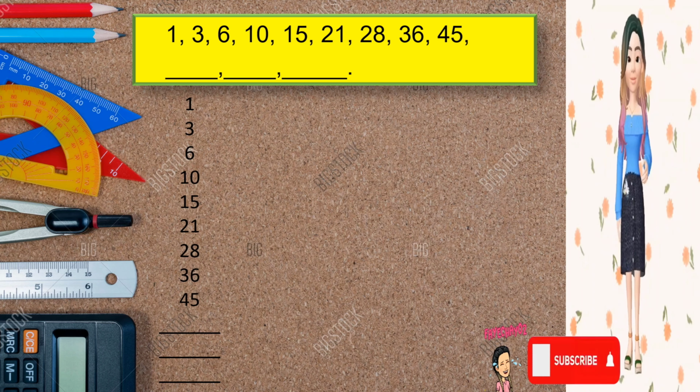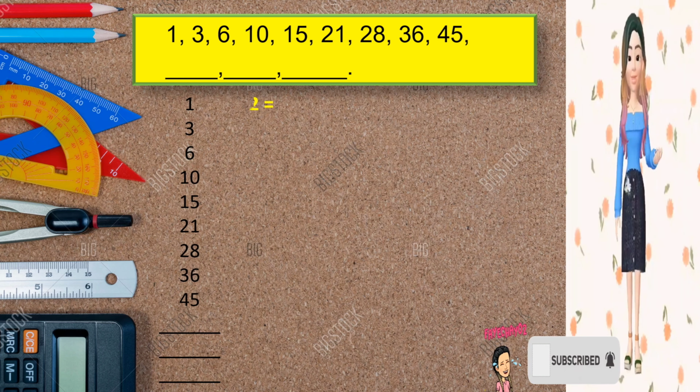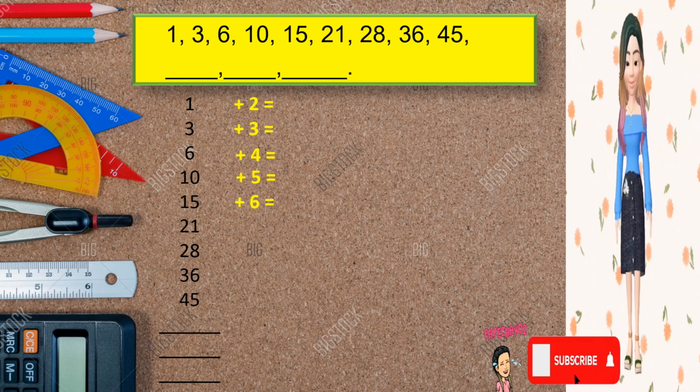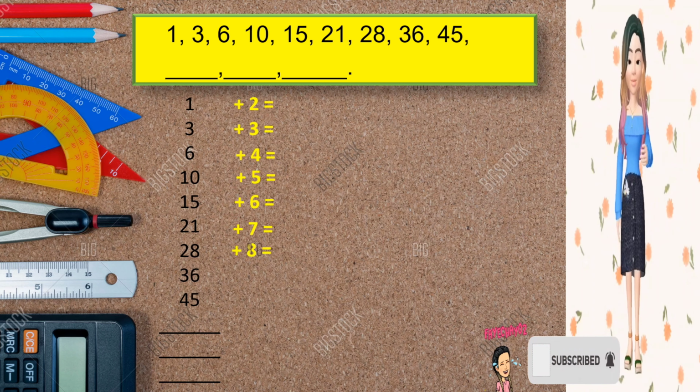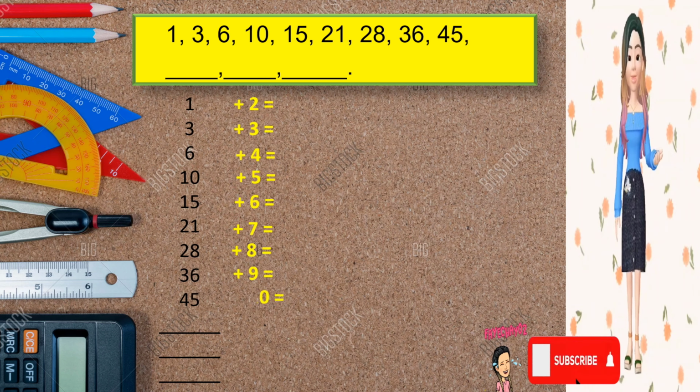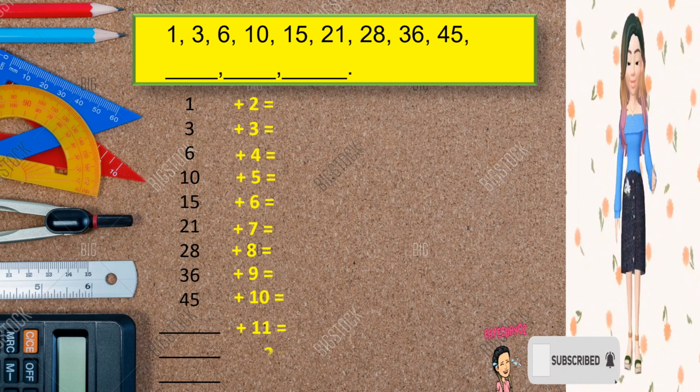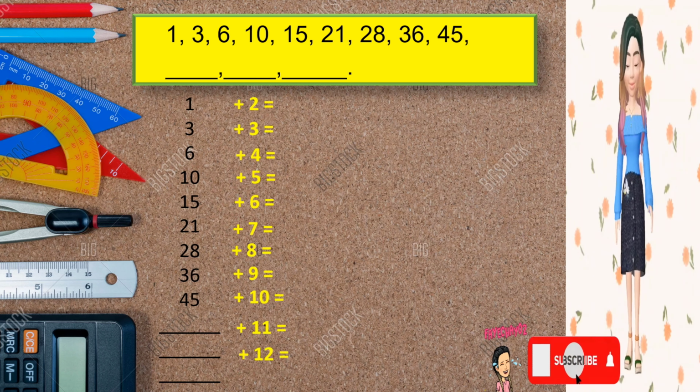Then, gagamitin na natin yung pattern na plus 2, plus 3, plus 4, plus 5, plus 6, plus 7, plus 8, plus 9, plus 10, plus 11, and plus 12. Hanggang plus 12 lang tayo kasi ang kailangan lang naman natin is the 12th term.